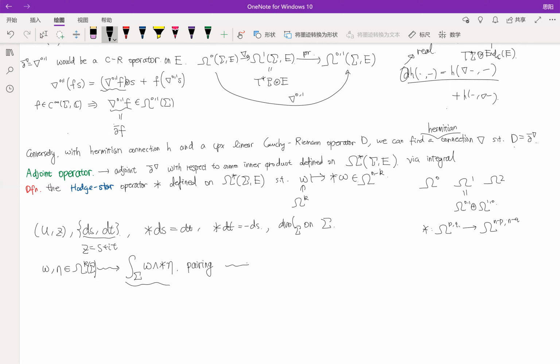So in this case, we have two vector valued differential forms, like omega tensor S and eta tensor T. So we can define the pairing of them to be the product, and then we just integrate over sigma of omega tensor S and eta tensor T, the differential forms with respect to the volume form.